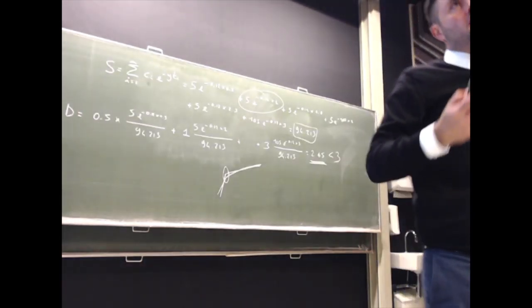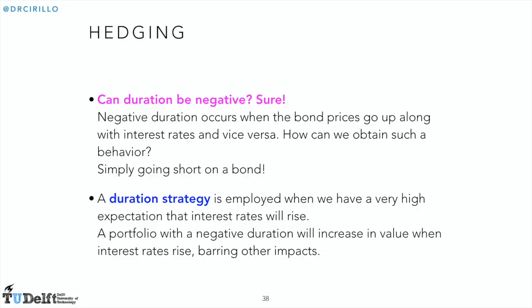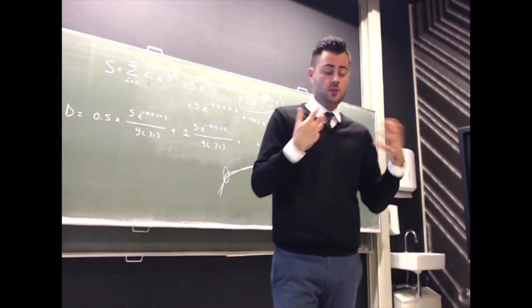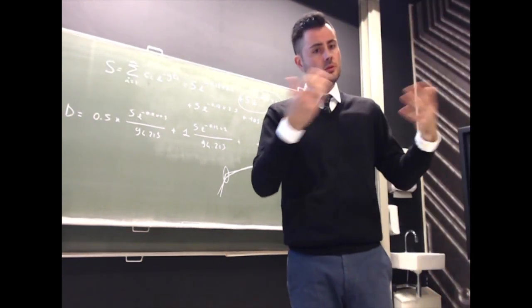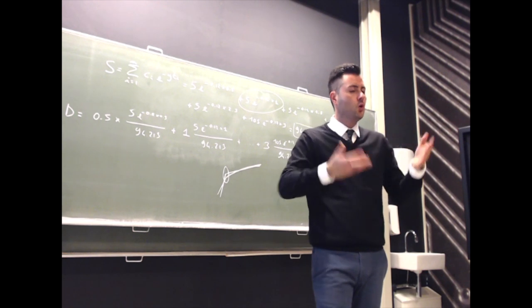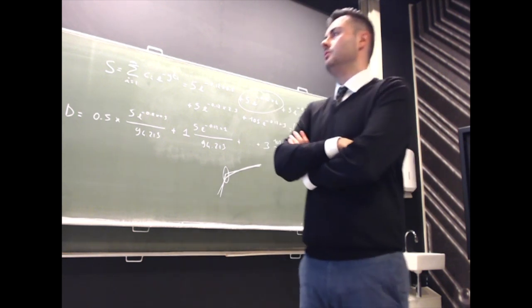So essentially, when we speak about building a portfolio with a duration equal to 0, we are not speaking about us. We are speaking, for example, about a large bank or a large company. You can do that by, for example, issuing a bond, or going short on a bond, in a sense that you don't issue the bond, but still you go short on the bond, and this is something that we can also do ourselves.